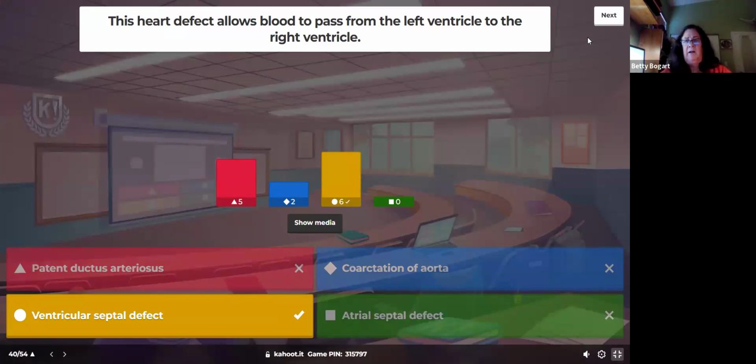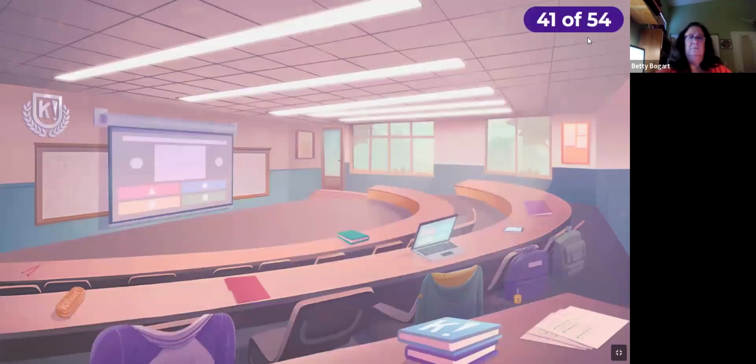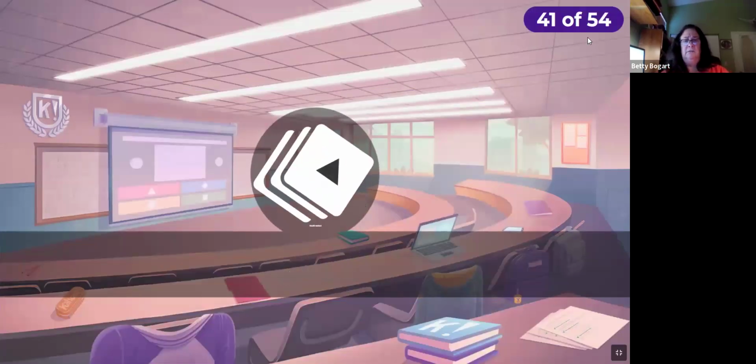There's a septum in the middle. Between the ventricles is a ventricular septal defect. If it was between the two uppers, the atria, it'd be an atrial septal defect, or ASD. Remember, a PDA is the aorta to the pulmonary artery. It's nothing to do with ventricles. Doesn't touch the inside of the heart.